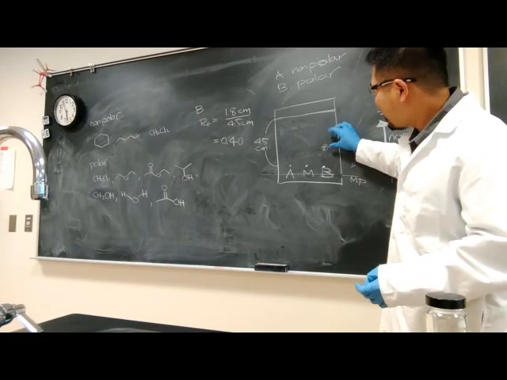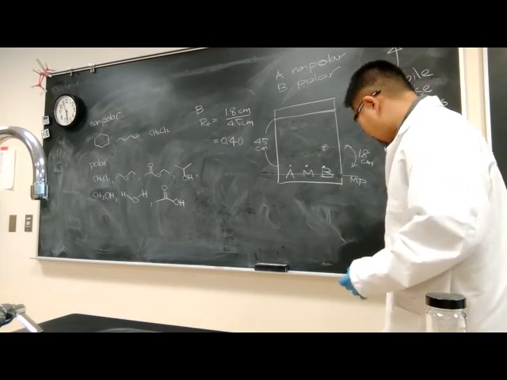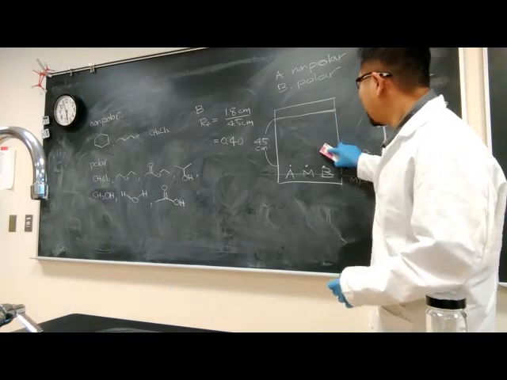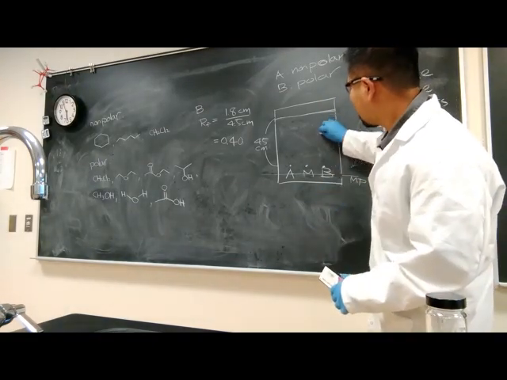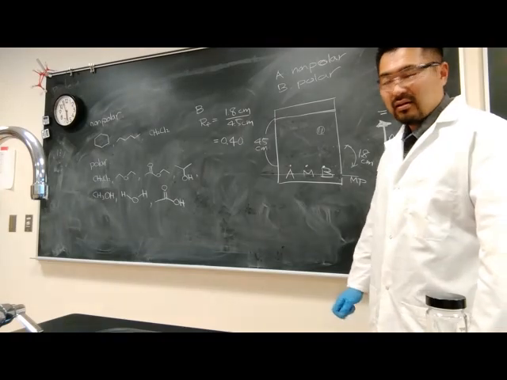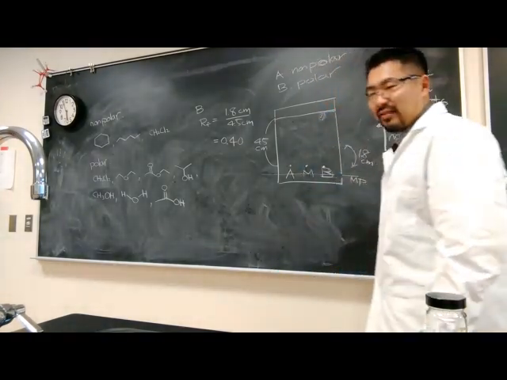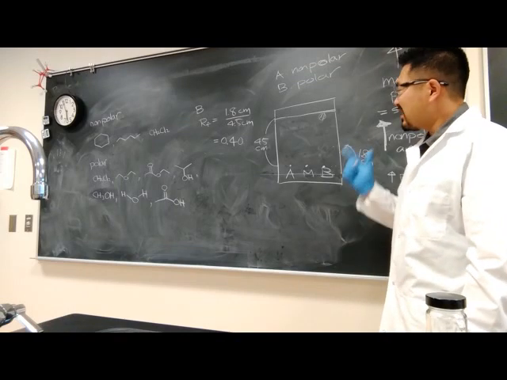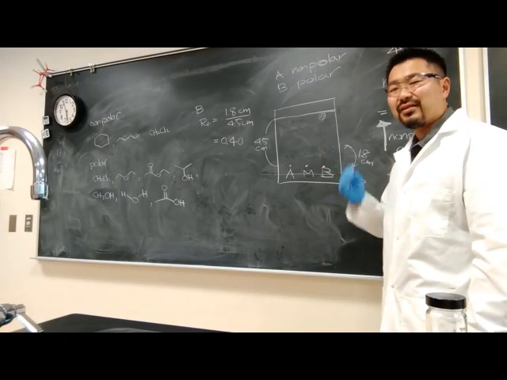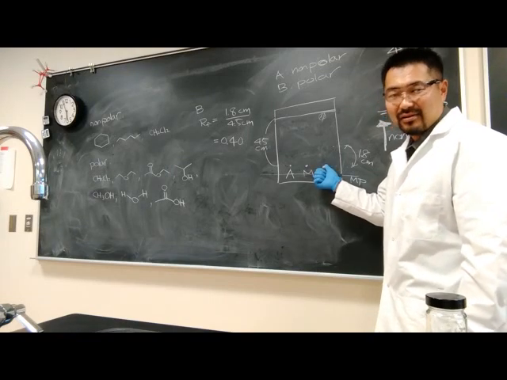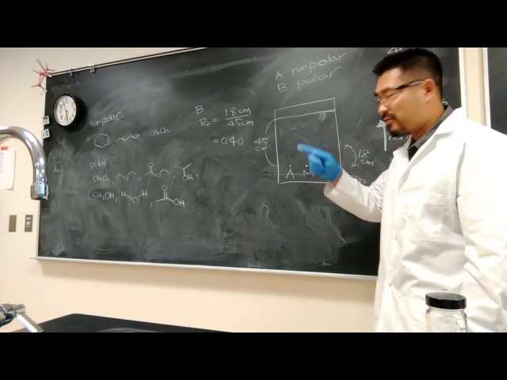So when you have a polar mobile phase, your analyte actually ends up traveling a lot faster. Let's say in this case, it travels way too fast. And in that instance, you can't do anything about the analyte, your sample. You can't change that, but you can change the mobile phase.